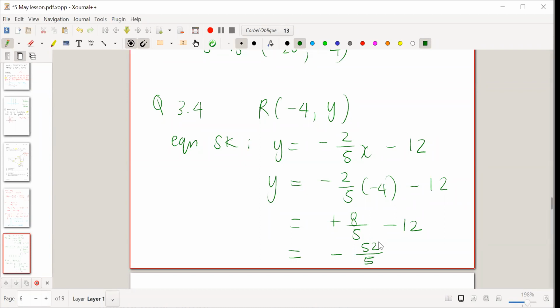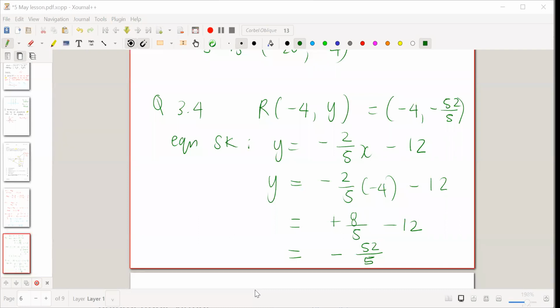So that's the coordinate. It's -4, comma, -52/5. Everybody happy with this? Okay.